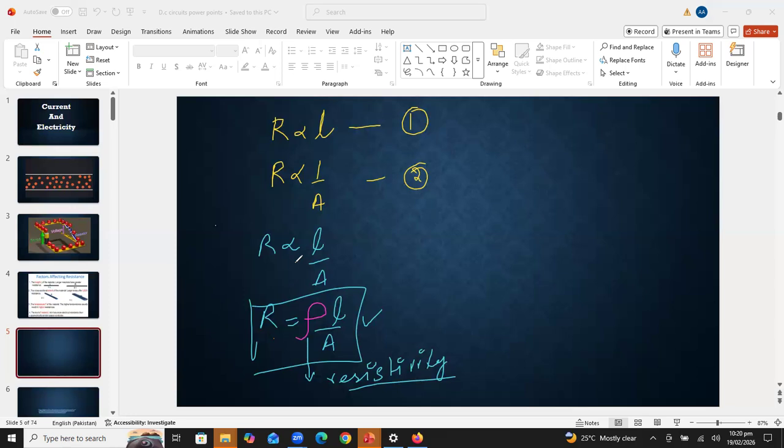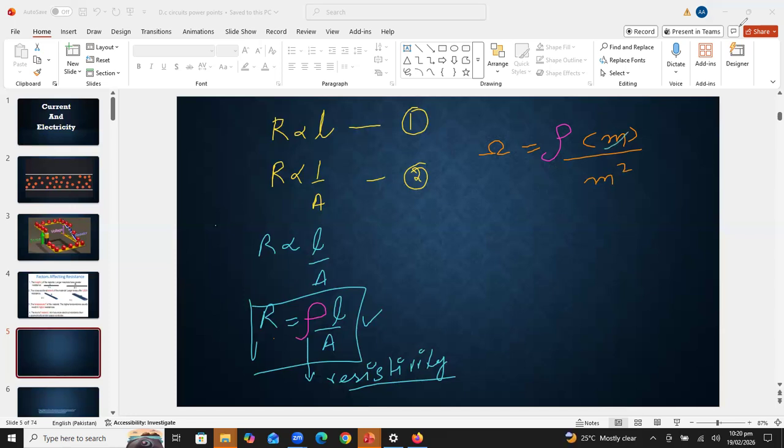Now I am putting these units in this equation to find the unit of resistivity. Resistance is ohm, length is meter, and area is meter square.